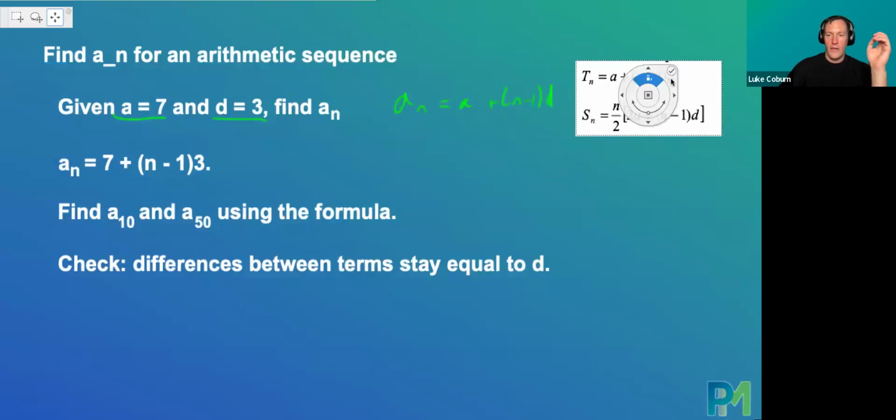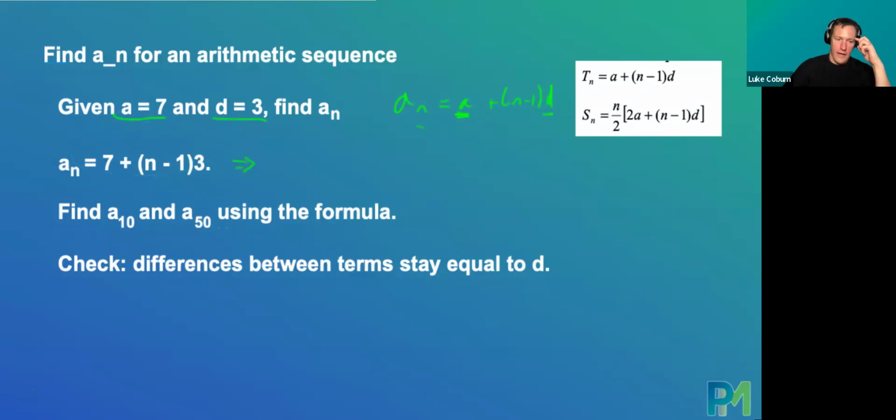But as I said before, a's and t's are labels. These are our tools, so we can just name them whatever we want. We shouldn't be thinking, oh, wait, is this a different thing? It's just whatever we happen to be calling it. And then the question is, since A is equal to 7 and D is equal to 3, this is the formula here, okay?